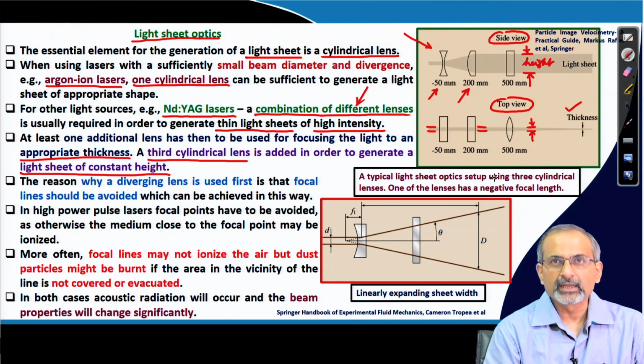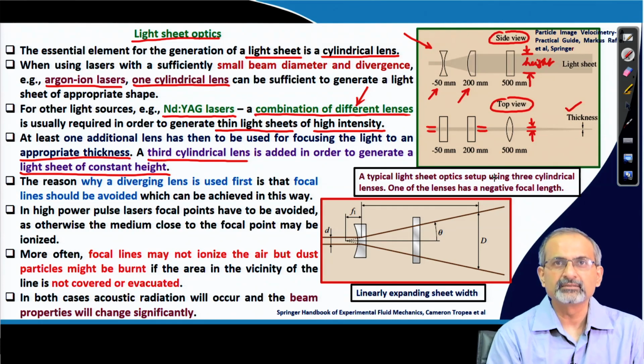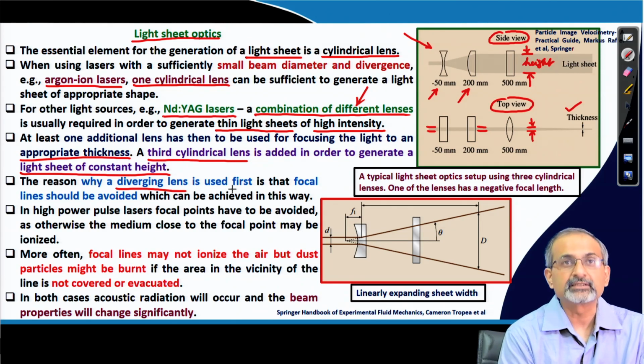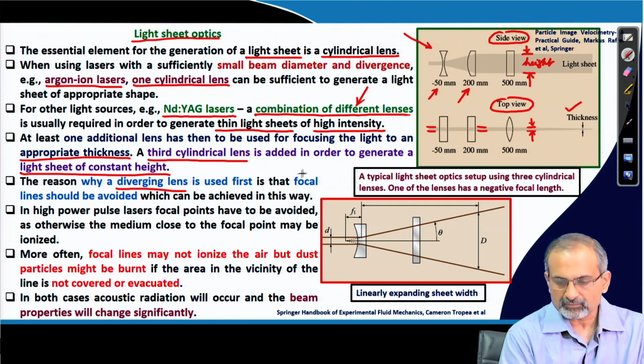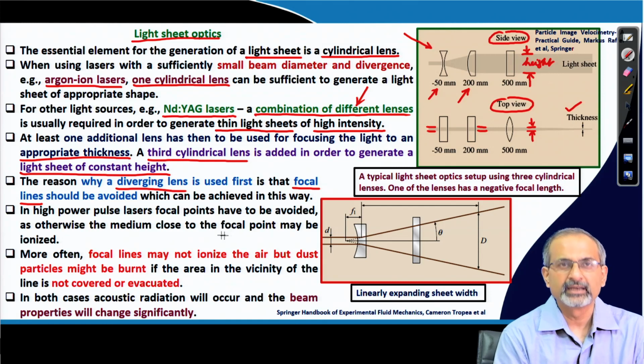And the focal length of the lens system that you have has to be appropriately adjusted. Why you need a diverging lens to be used first is that the focal lines should be avoided. What happens if focal lines are generated?